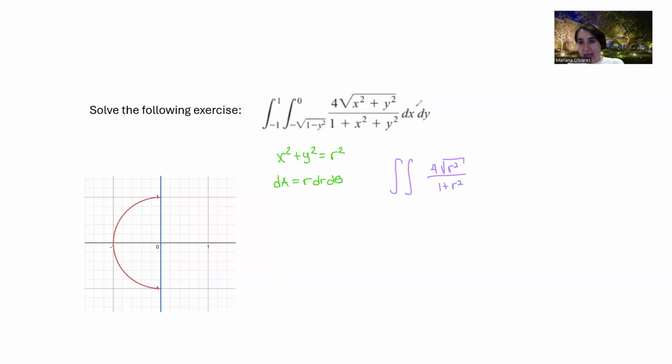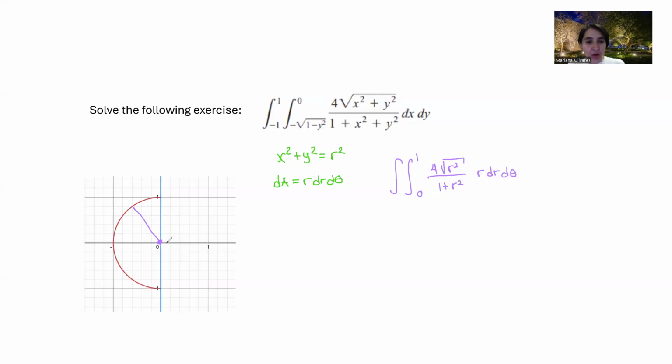This dx dy is actually differential of area, so we can change it by r dr d theta. And now we can get the limits of integration, which is the radius of the circle. The radius of the circle is running from the center of the circle, which is 0, and reaching the circle with a radius equal to 1. So basically, the radius is running from 0 to 1.